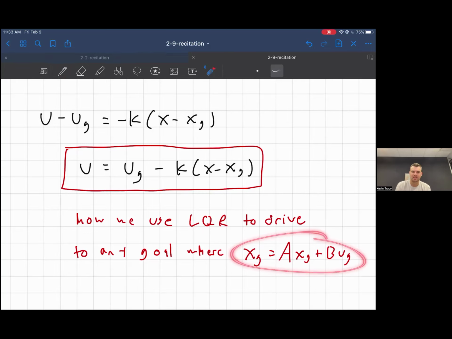So I find the spot in the state space I want to go. I figure out what control I need to keep myself there. I have an X goal and a U goal. And then I just throw this feedback policy in there.